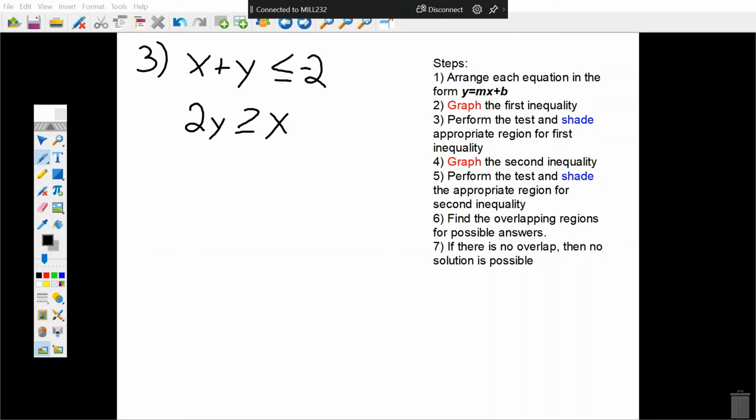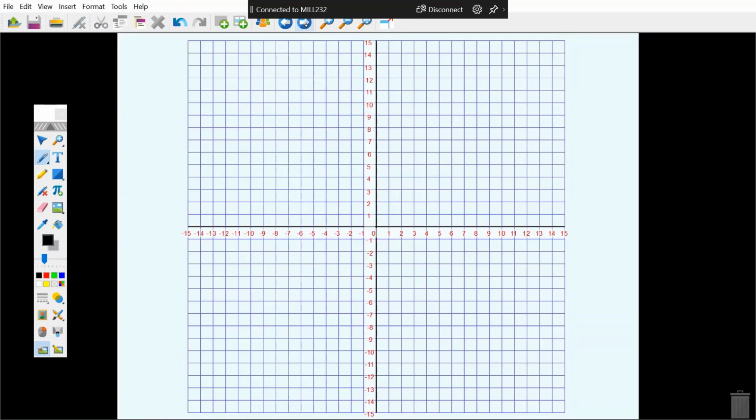All right, I'm going to start graphing it as well. You can just take a look once you've got it. The first line is y is less than or equal to -x minus 2.